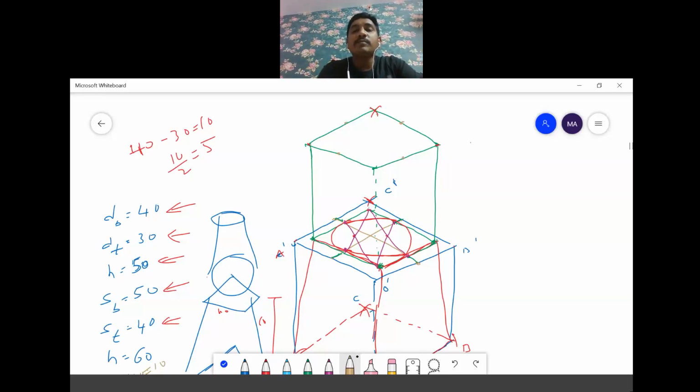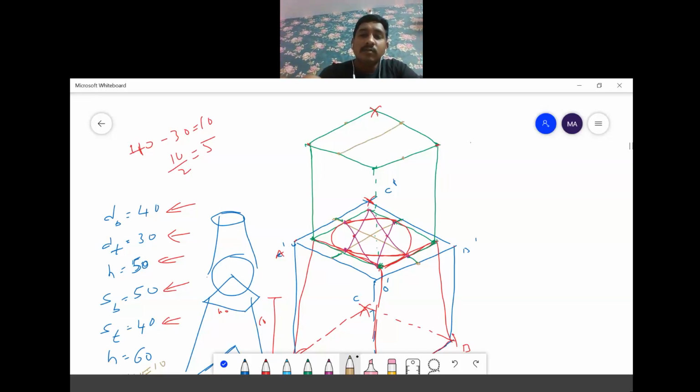I am joining these midpoints. I am reducing it to 5 mm. I am reducing 5 mm this side, 5 mm this side, 5 mm this side, and 5 mm this side.